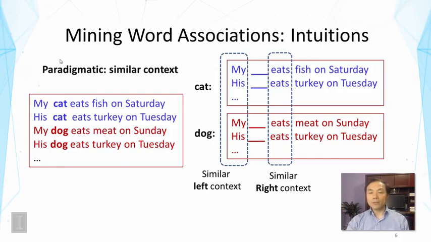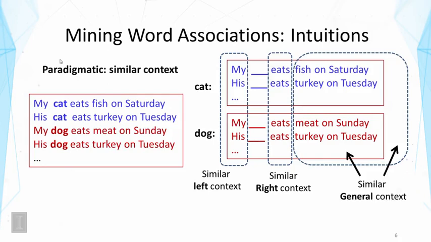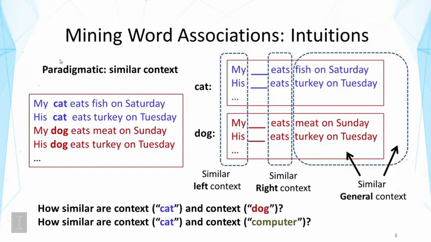You can also even look at the general context, and that might include all the words in the sentence or in sentences around this word. And even in the general context, you also see some similarity between the two words. So this is just suggesting that we can discover paradigmatic relation by looking at the similarity of context of words.